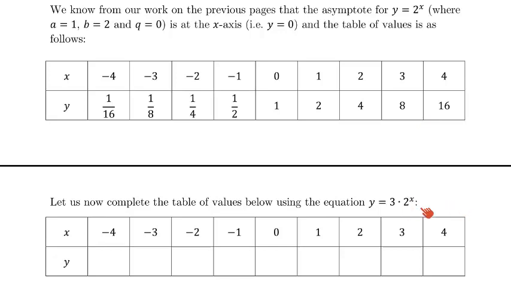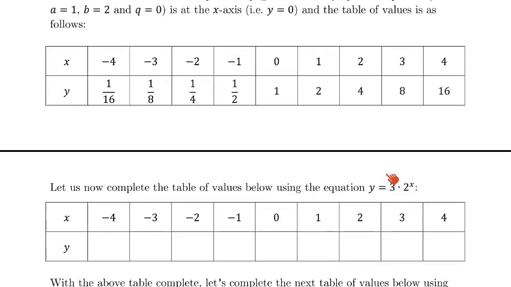Now what we're going to do is complete the table of values below for the equation y equals 3 times 2 to the x. Do you see what our a value is now, guys? Well, our a value is 3 over here. Think about it, guys. y is equal to a times b to the x plus q.